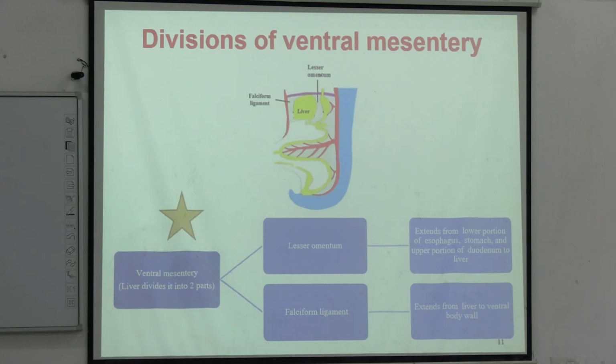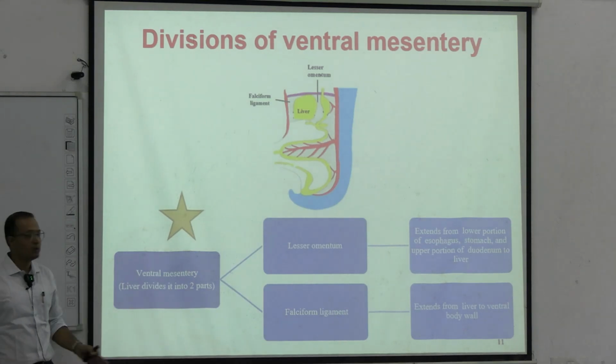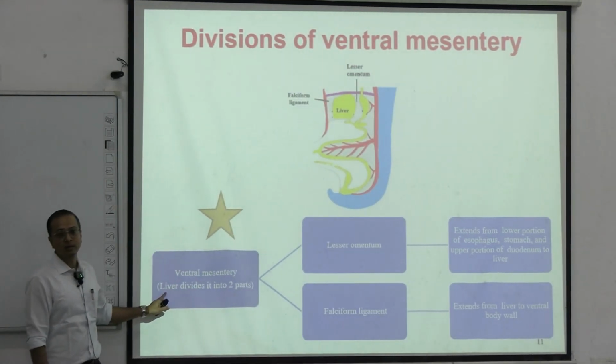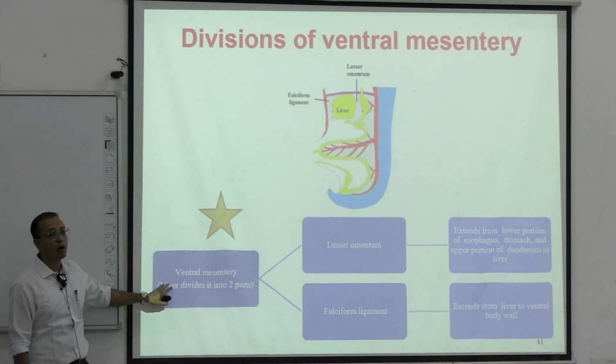Now what happens to the greater omentum? The greater omentum is the one present on the posterior side of the greater curvature of the stomach, which is a part of the dorsal mesentery. So this is the transformation of the ventral mesentery because of the development of the liver within it. It splits this ventral mesentery into two parts.